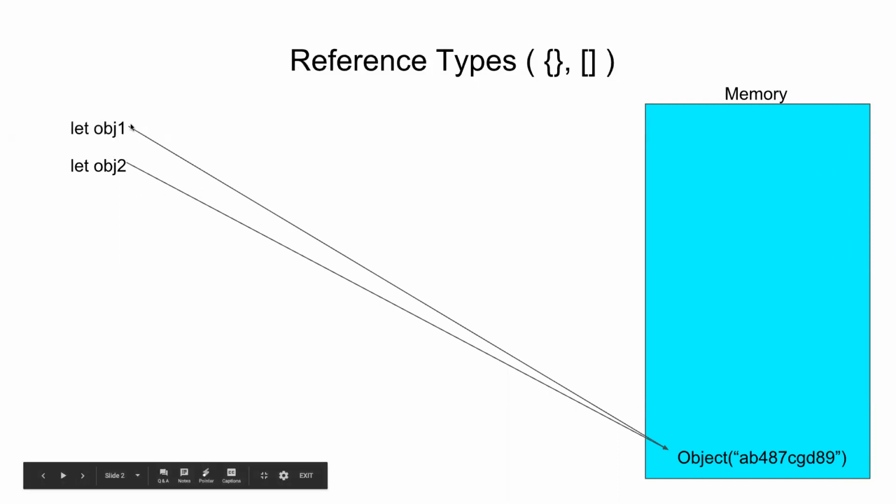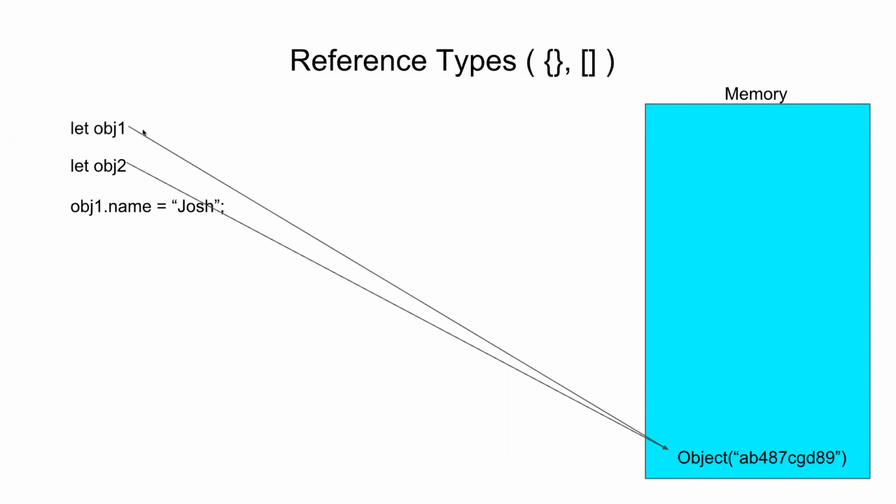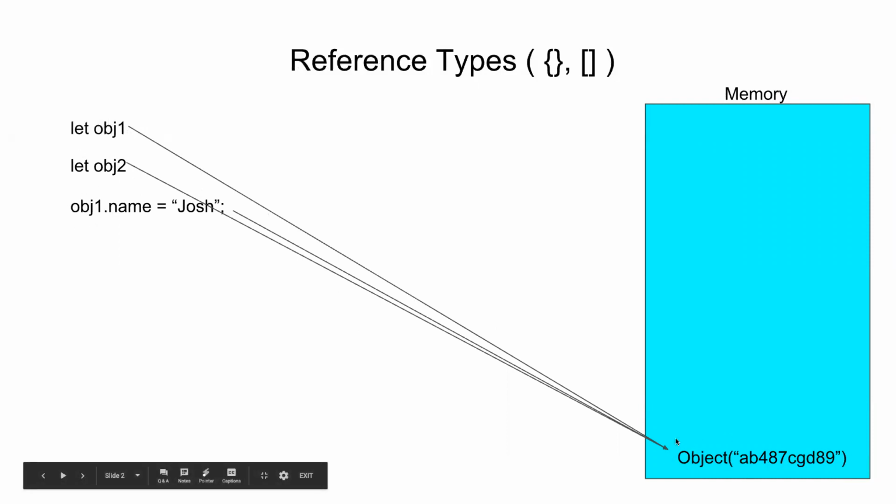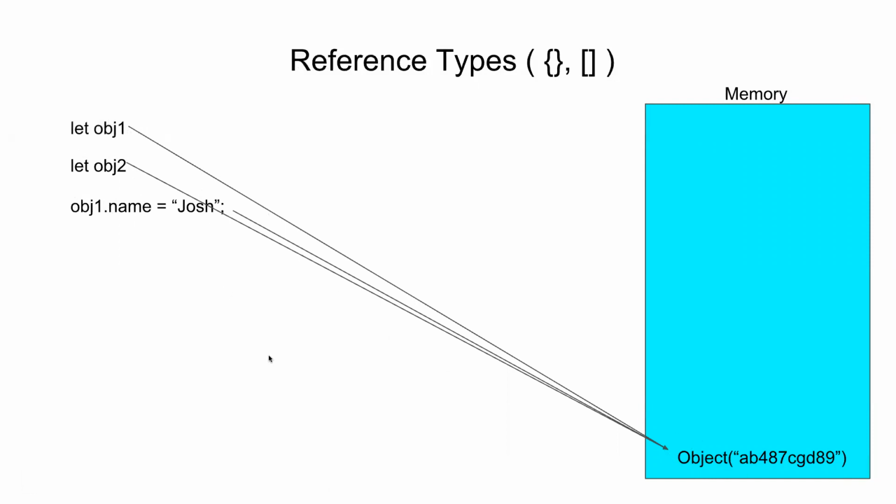They're both pointing to the same exact place in memory. So then when I change object one, what am I doing? I'm saying, go find this place in memory, right? And it's like, okay, that's it. And then change the key of name to Josh. And now object two name is Josh, okay?